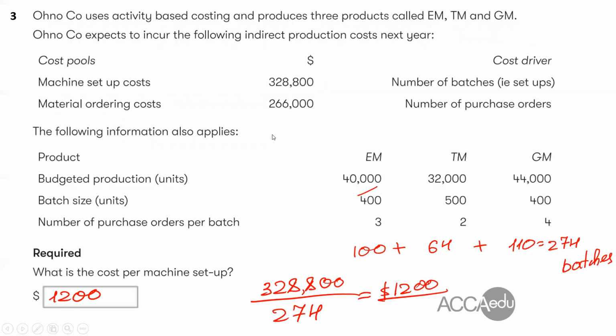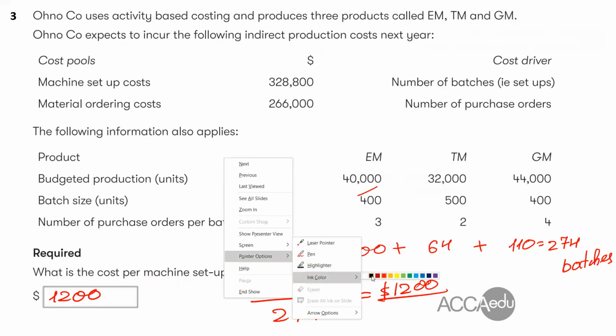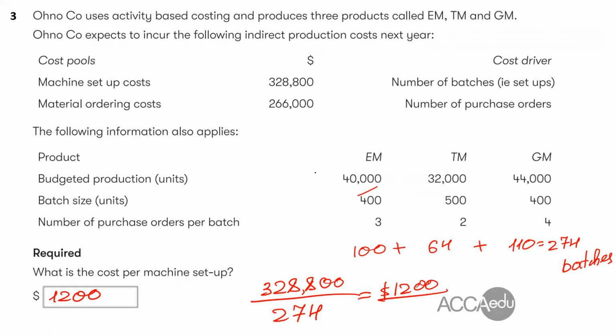Third, activity-based costing. What is the cost per machine setup? Let me now change the color of my pen to black to make it more visible. A lot of people here make the mistake of dividing the machine setup cost by only this.